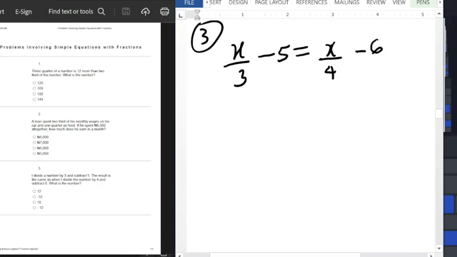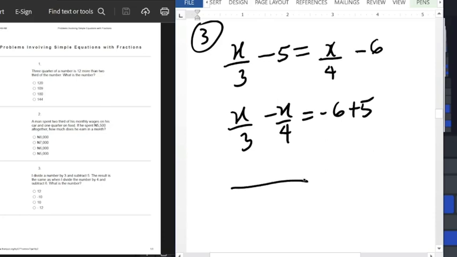Can I collect like terms? So let's bring this x over 3 minus x over 4 together equals to minus 6 plus 5. So we'll find the LCM here, which is 12. 3 in 12 is 4, 4 times x is 4x. Minus 4 in 12 is 3, 3 times x is 3x, equals to minus 1.